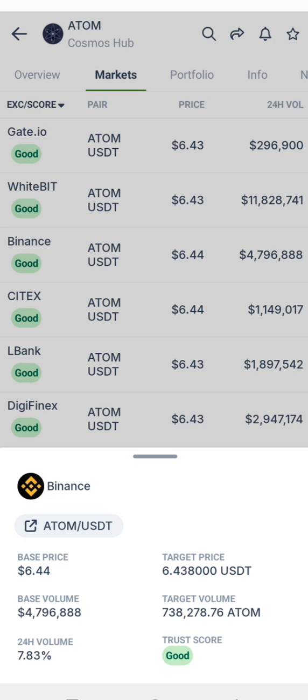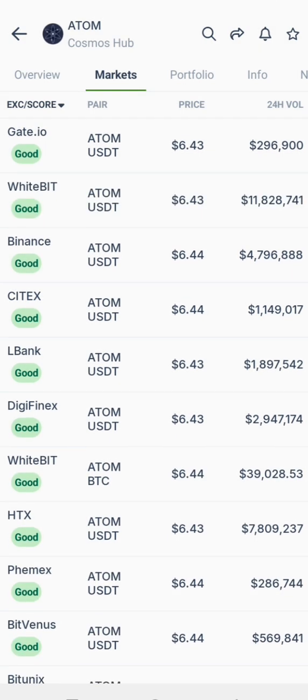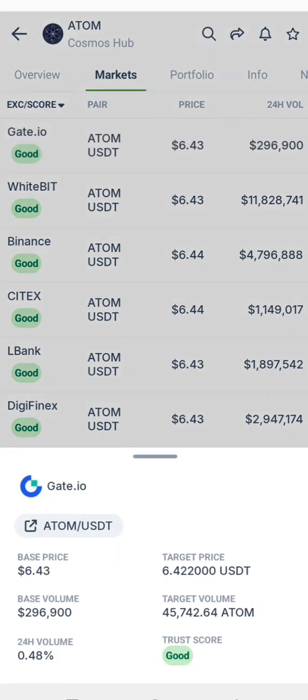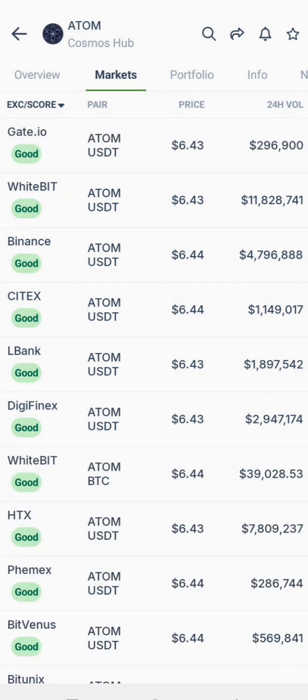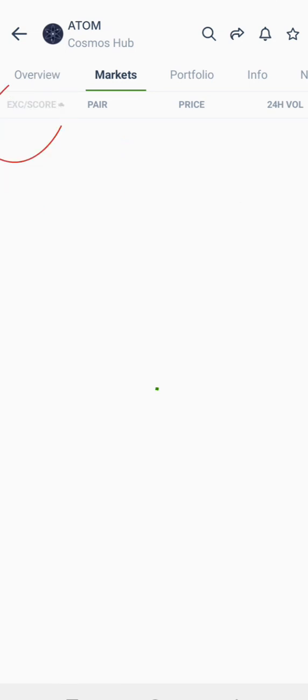Their base price is 6.4, while their target price is also 6.4. Their 24-hour volume is 7.83. So with all this information, that's why they are rating this coin good. So let's scroll. Gecko, their 24-hour volume is 0.48.